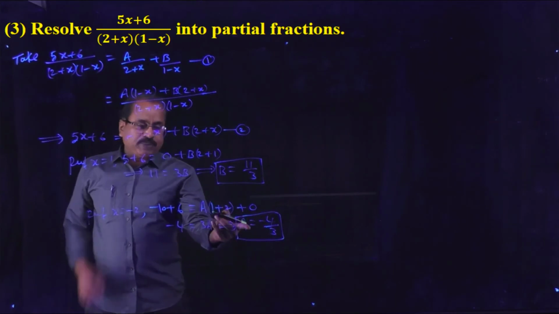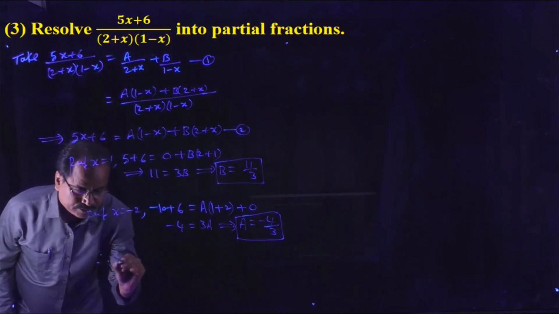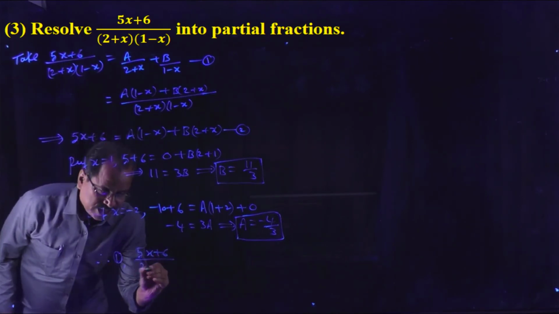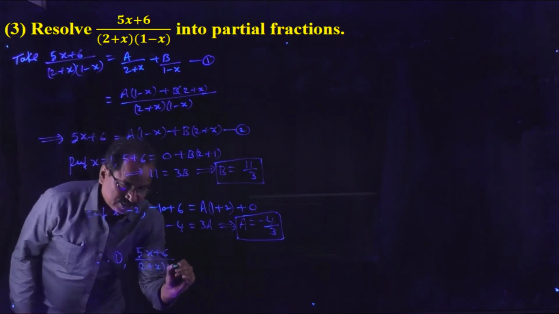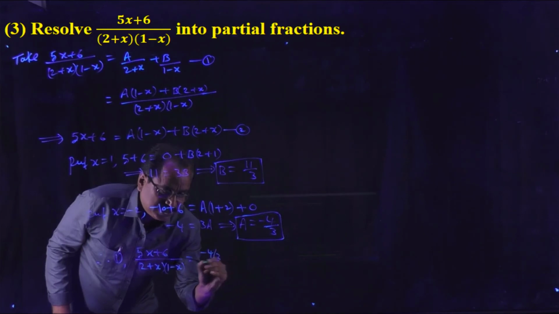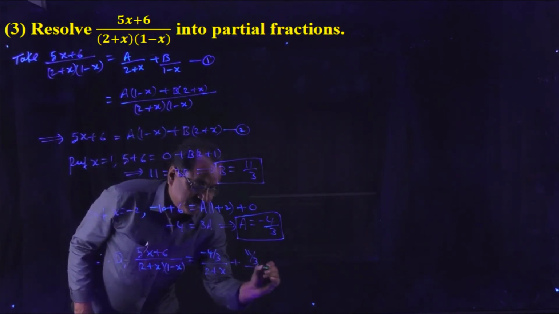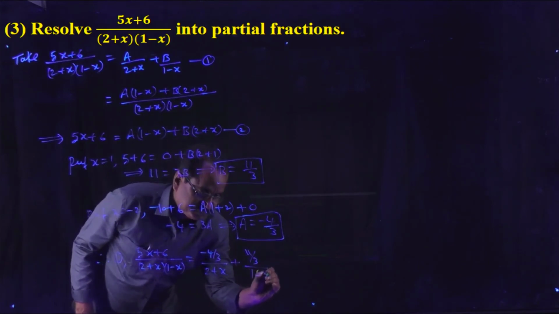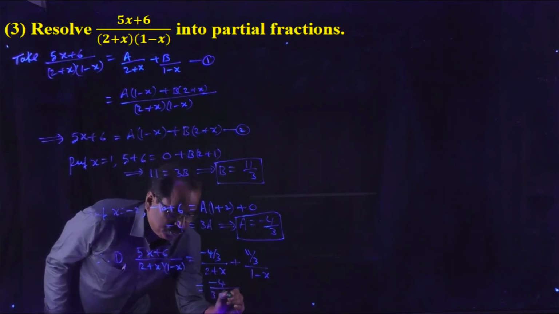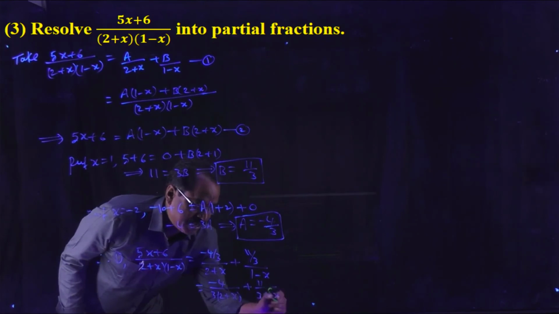Put a = -4/3 and b = 11/3, substituting in 1. (5x + 6)/((2 + x)(1 - x)) = a/(2 + x) + b/(1 - x) = (-4/3)/(2 + x) + (11/3)/(1 - x), that is equal to -4/(3(2 + x)) + 11/(3(1 - x)).